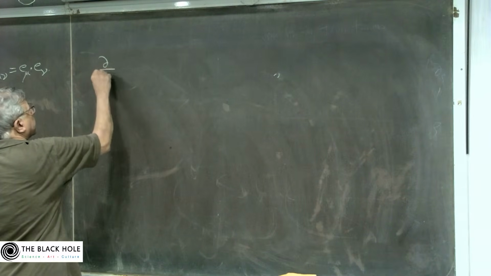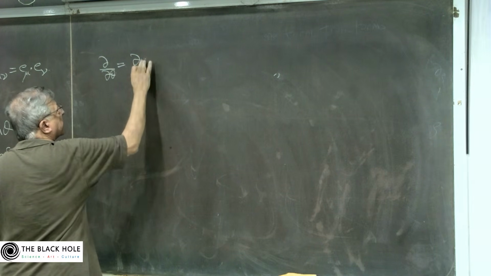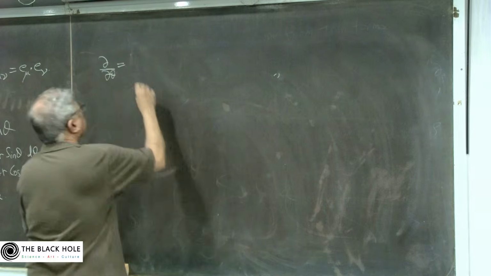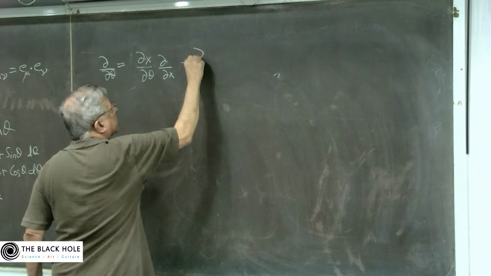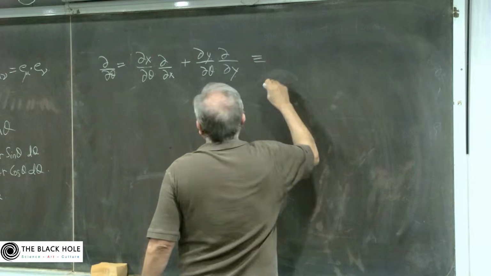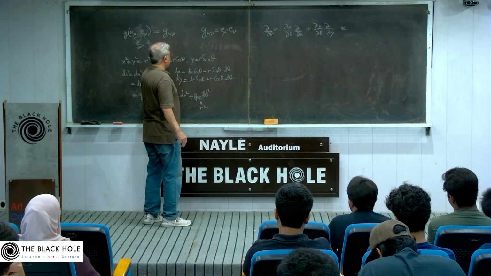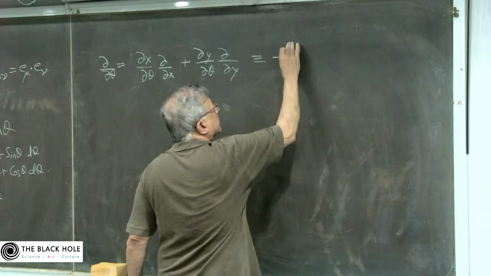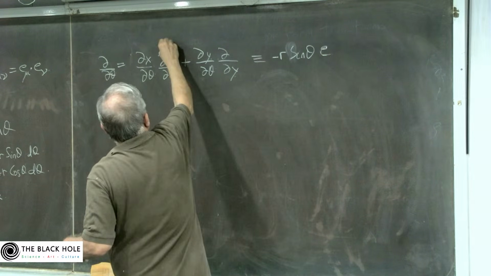Well, let's do d by d theta. This is d by dx. d by d theta of x is minus r sine theta, and this thing, what do we call this?